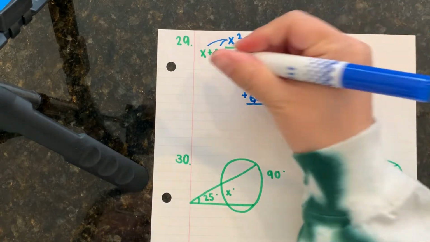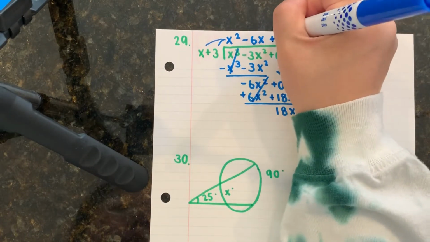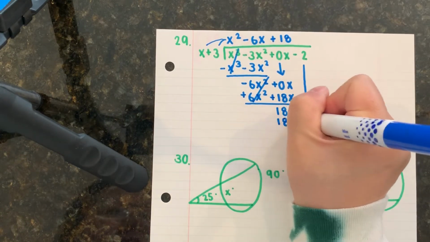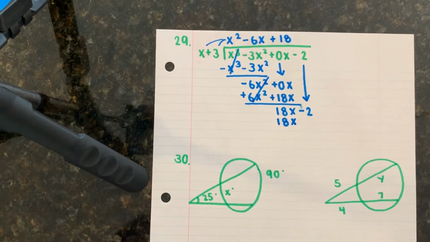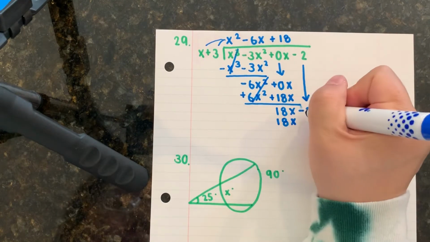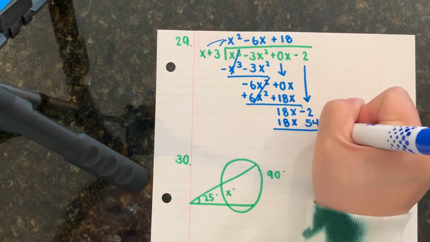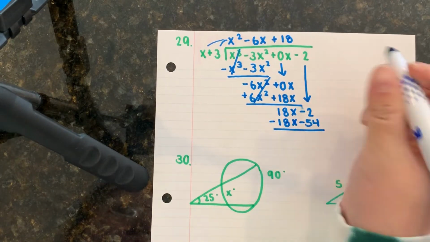Now 18x divided by x would just be 18. Multiplied back there would be 18x. And then 18 times 3, which is 54. But again, you're changing the signs when they come down. So this becomes negative, this becomes negative.